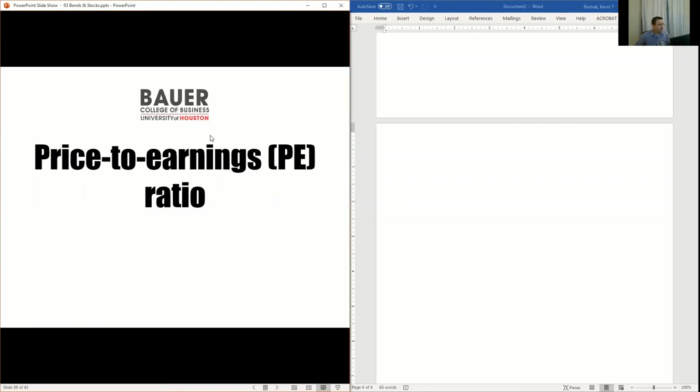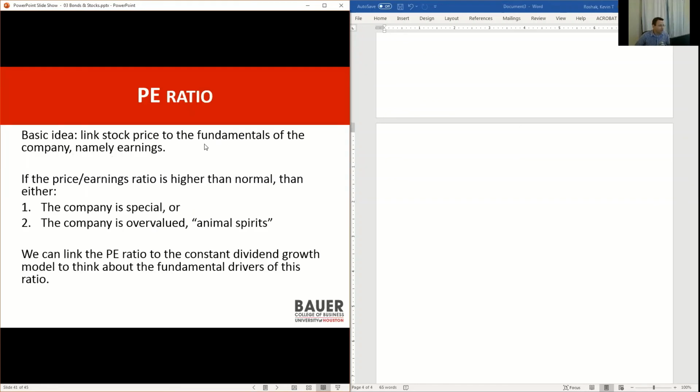Another thing that the constant dividend growth model gives us is something called the price to earnings ratio. The basic idea here is we want to link stock prices to some fundamental of the company. So that's earnings, an accounting measure of what the company is actually doing. The stock price should be connected to that.